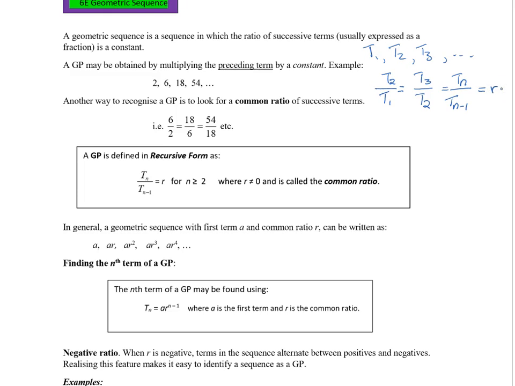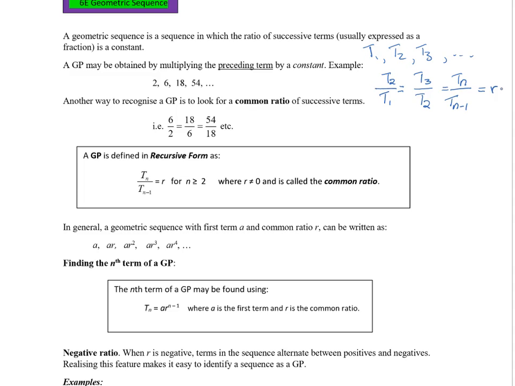A is still the first term, T1. N is the number of terms. Tn is what it represented previously, the nth term, but now we're going to talk about the nth term of a geometric progression or a geometric sequence.